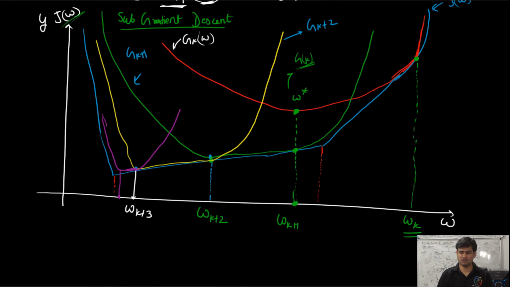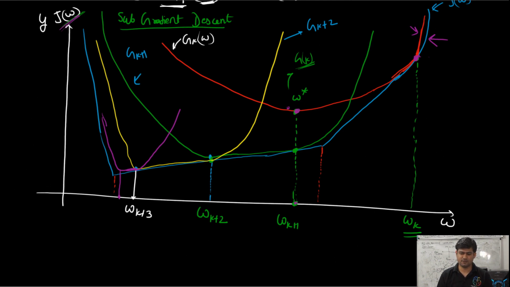We have our original loss function. Instead of directly minimizing this loss function, we select a function gk at point wk that upper bounds this original loss function, and it is exactly equal to the original loss function at point w equal to wk. We minimize that loss function, and the minimizer is set to be the new estimate for the optimal parameters w that minimize the original loss function g of w, and we repeat this process again.